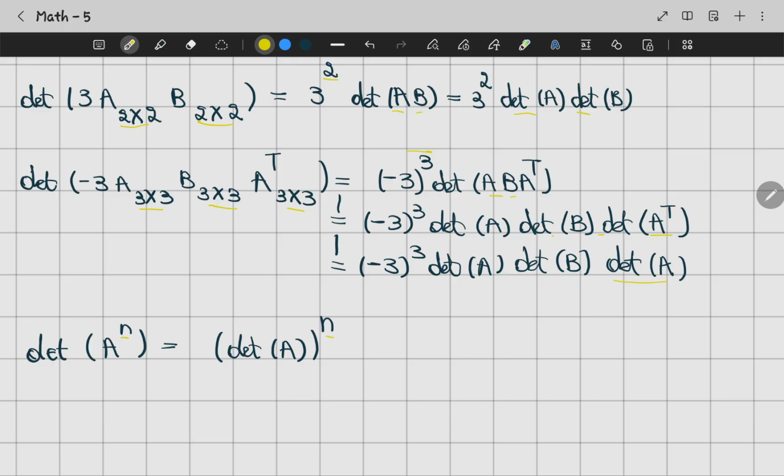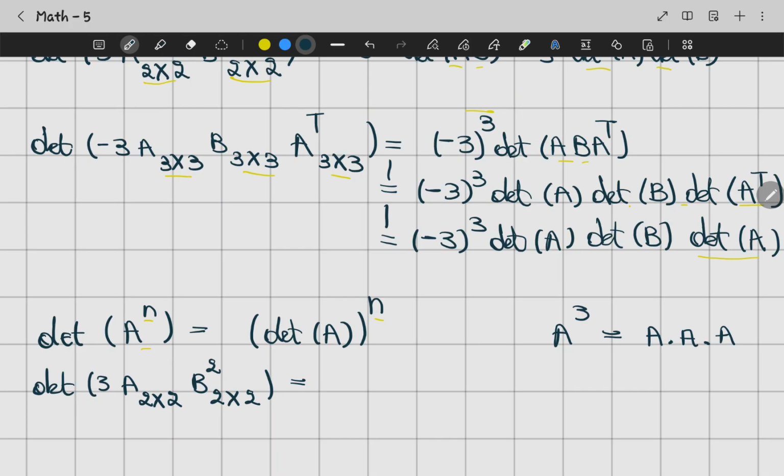and let's say for example we were tasked to solve. Let me just give you a simple definition of A to the power of n. Let's say for example we had A to the power of 3. It's the same as A times A times A in terms of matrices. Okay, let's say we need to solve this determinant of 3 times AB squared.